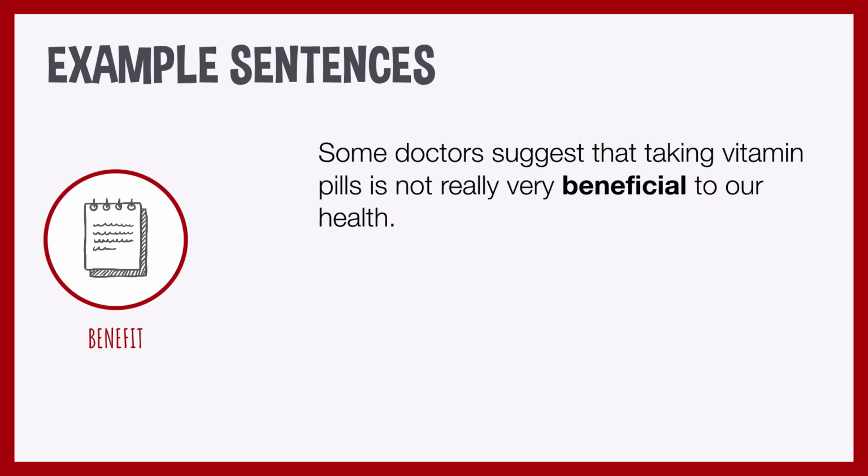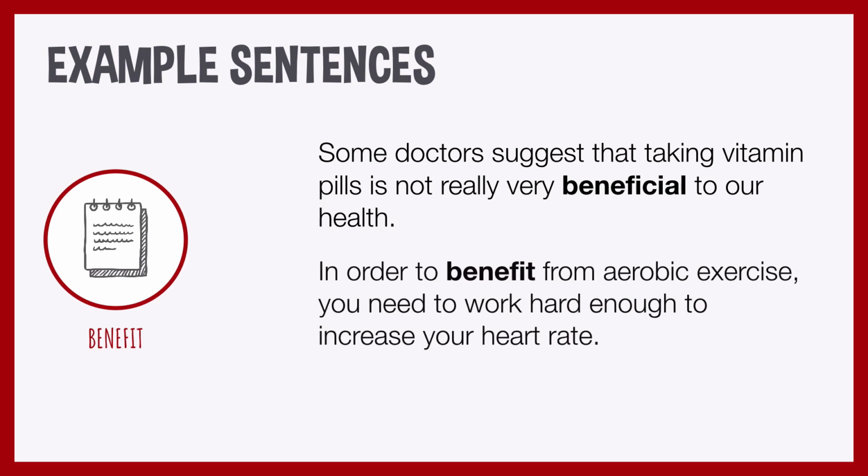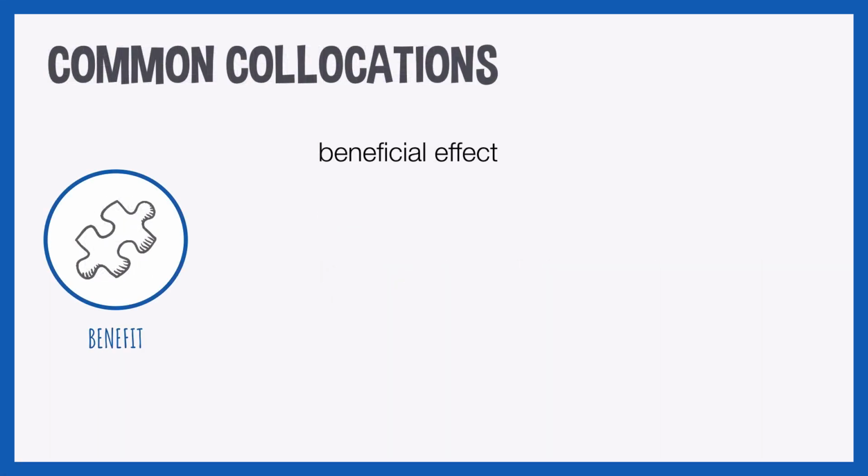Some doctors suggest that taking vitamin pills is not really very beneficial to our health. In order to benefit from aerobic exercise, you need to work hard enough to increase your heart rate. So if you want to get advantages from aerobic exercise, that's things like running. And beneficial effect is a common collocation.